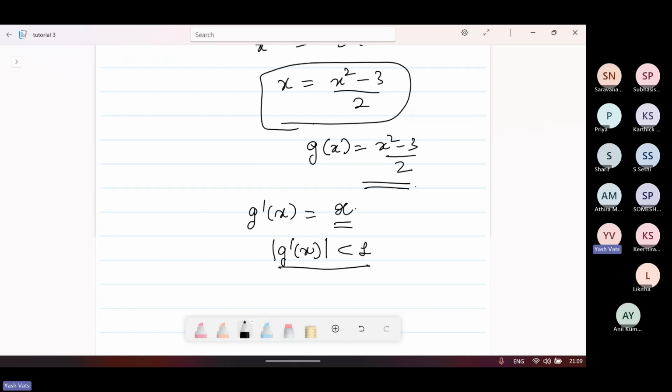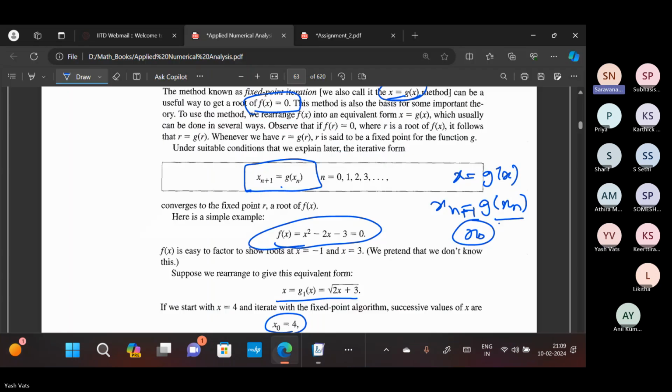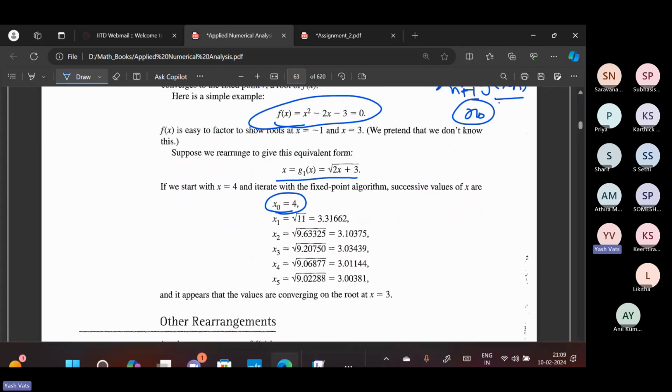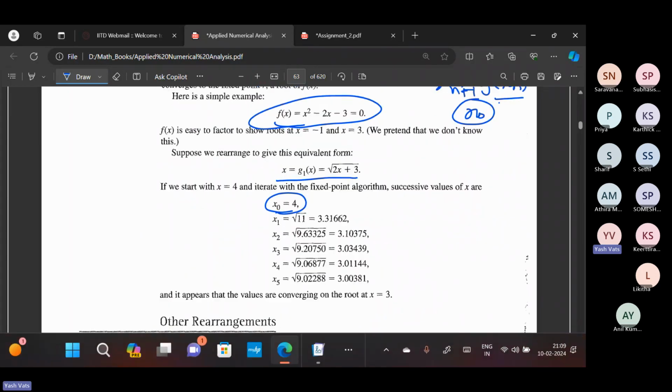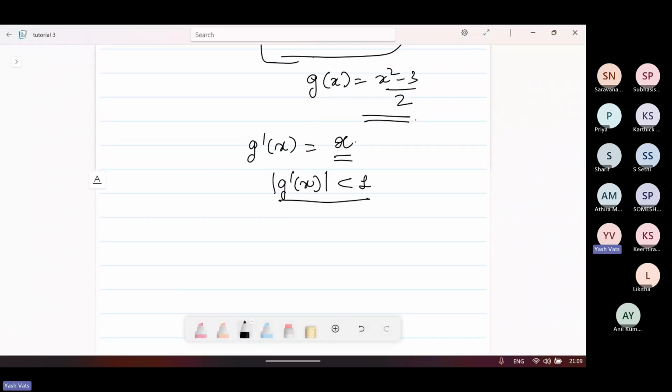So we have the interval minus 1, 3. Start with something. You just take an interval in it, like 1 to 2. If you take this interval, then it will not converge, right? So it should be strictly less than 1.